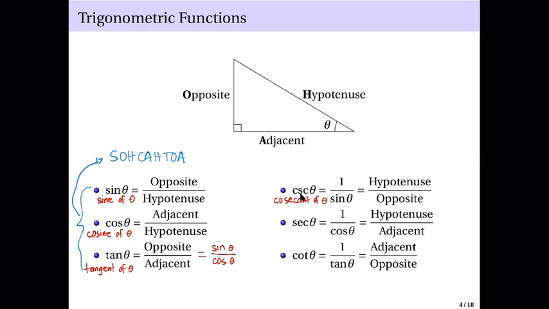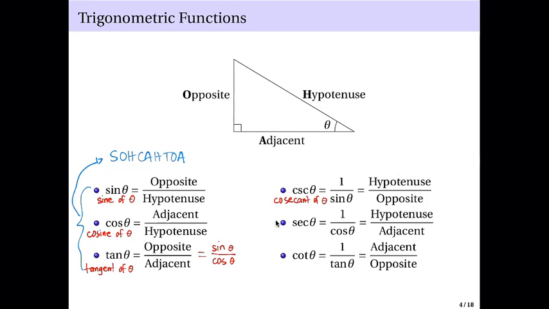And the value of cosecant theta is 1 over sine theta. So it's the reciprocal of your sine theta. And using just the two names here, opposite and hypotenuse, cosecant theta is hypotenuse over opposite. So you just get the reciprocal of this one here.